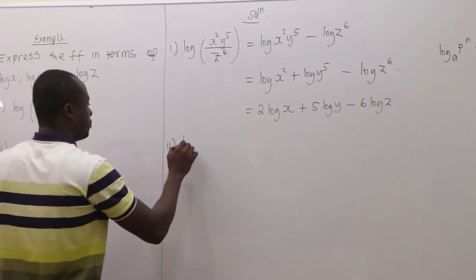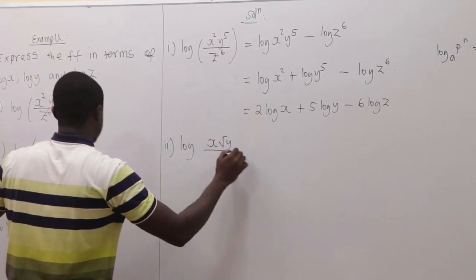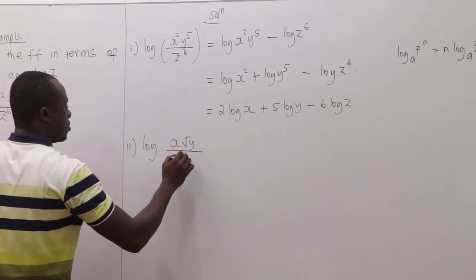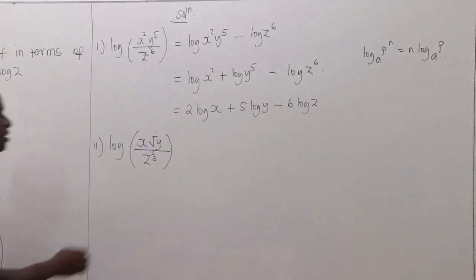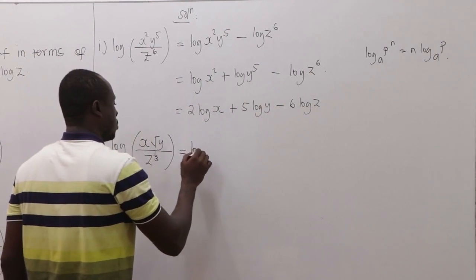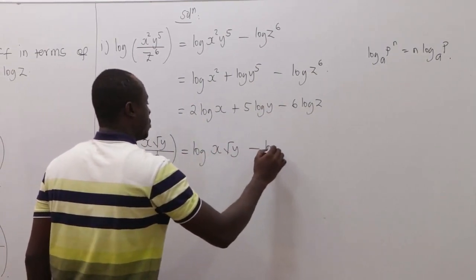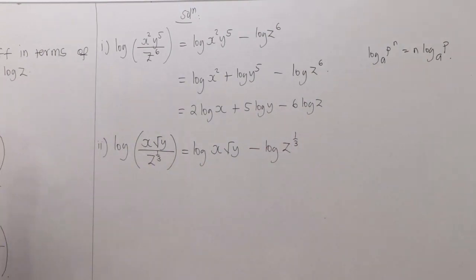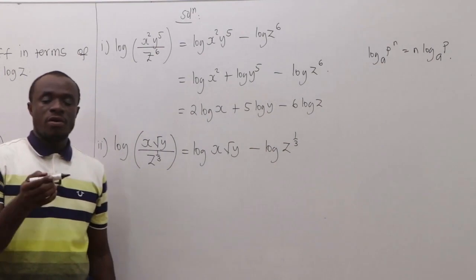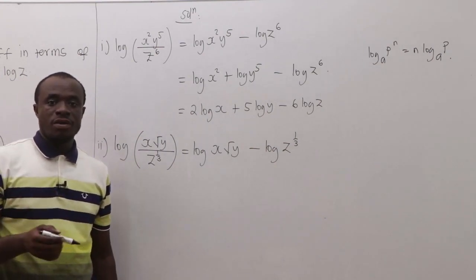Now let's see the second question. We have log of x root y all over z to the power 1 over 3. And this is just equal to log x root y minus log z to the power 1 over 3. If you have log a of p plus log a of q, what do you know?